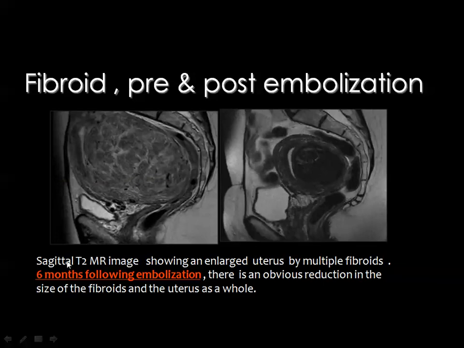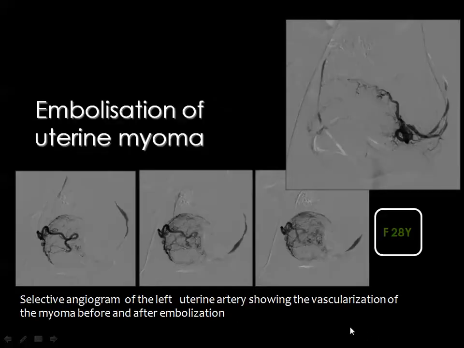And this is an example of a huge uterine fibroid that was treated by uterine artery embolization. And this is the follow-up obtained 6 months after embolization, showing significant reduction in the size of the fibroid compared to the pre-embolization image.